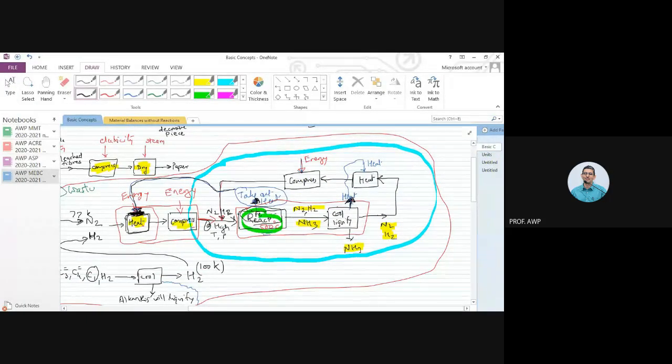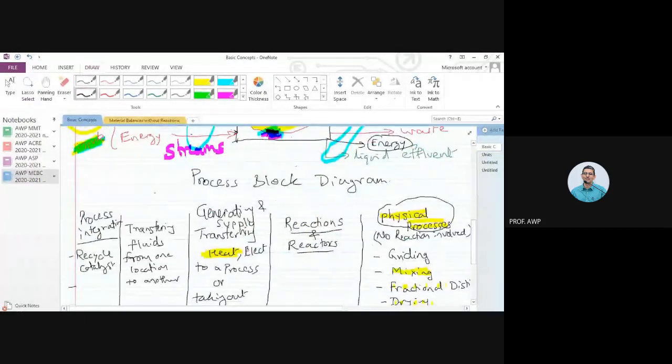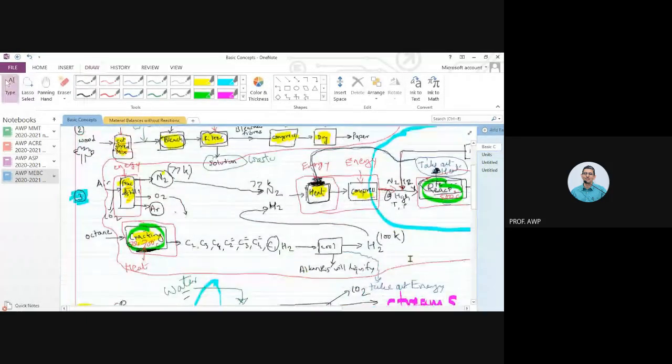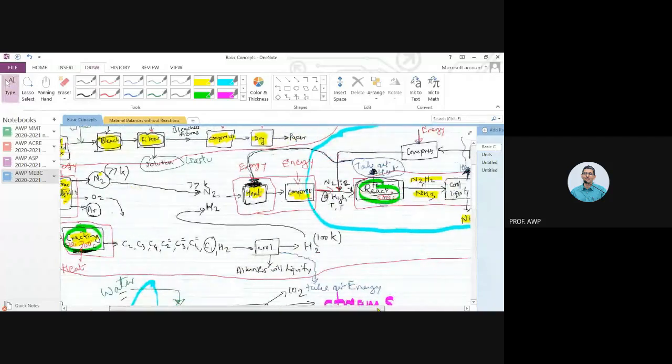Or as Dharmik said, you are recycling, so to say, the heat from this reactor to the step where it is required for heating of nitrogen from 77 Kelvin to 400 degrees centigrade.